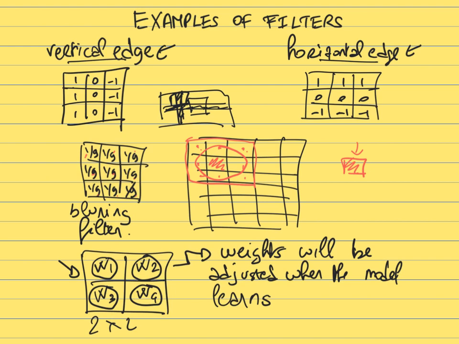Here, one of the most important ingredients of training the CNN will be to expose this model to several examples of pictures that are cats or not cats, and then based on this, the model will learn how to adjust the value of the coefficients of the filter in order to predict whether it's a cat or not. And to do this, it needs to learn how to detect the right patterns that are the most influential in determining whether there is a cat or not in this picture.